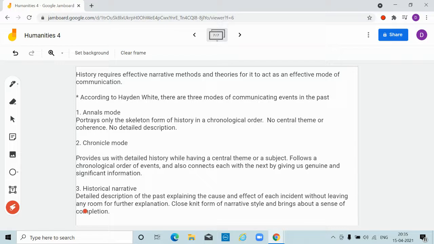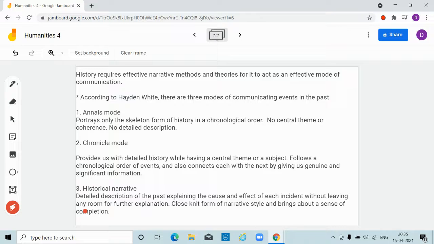Like this, detailed descriptions with cause and effect, and the reason why Gandhiji was assassinated, because of the extreme sentiments that were there in the minds of certain sections of society, and the effect was the eventual assassination of Gandhiji. All these descriptions and explanations would be given in the historical narrative.